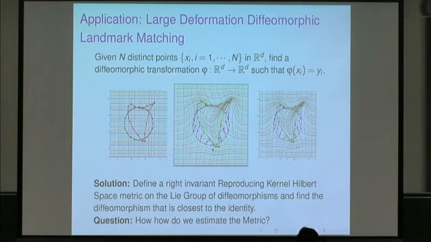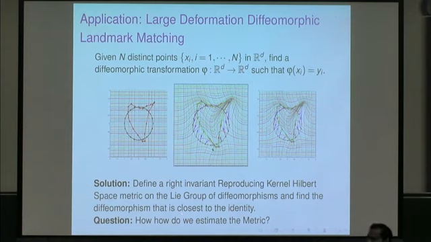Here the Lie group is going to be a Lie group of diffeomorphisms with a reproducing kernel Hilbert space metric, and we had a really nice talk on how to do this generically in PyTorch. So you can actually compute this really easily.